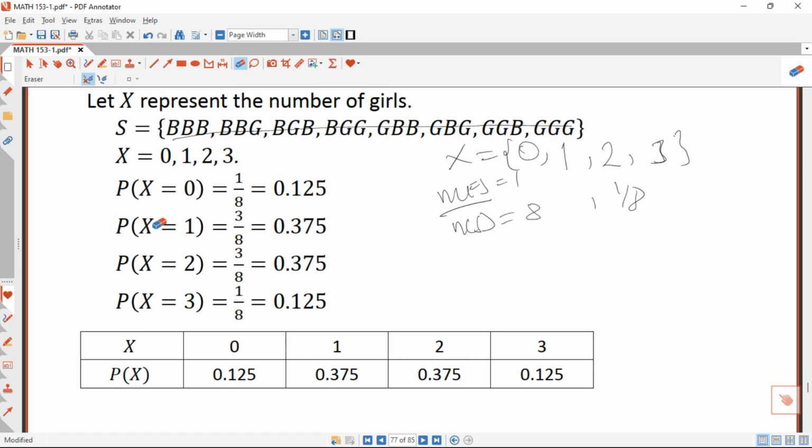The probability that our x is equal to 1. If our x is equal to 1, it means we are having only one girl. So here we are going to have 1, 2, 3.